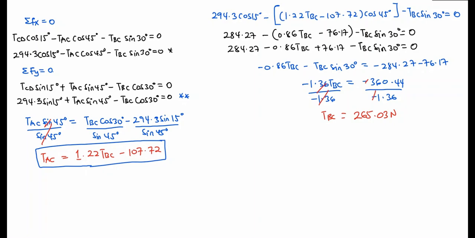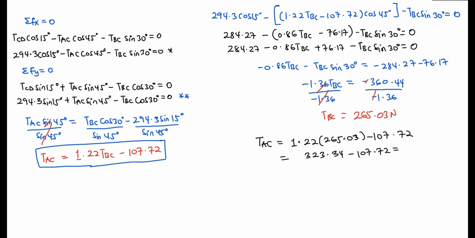So let's find TAC. Okay, so we're going to have TAC equal to 1.22 multiplying TBC, which is 265.03, minus 107.72. So let's see what you're going to get. So you're going to have 1.22 multiplying 265.03. Okay, that gives us a value of 323.34, minus 107.72.